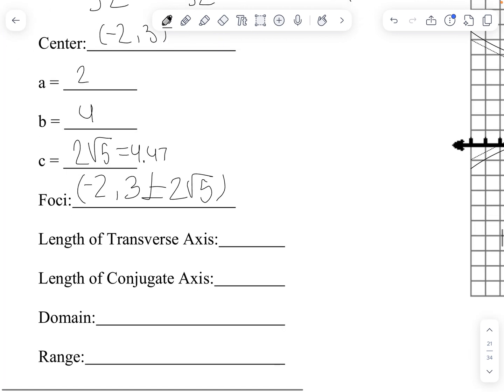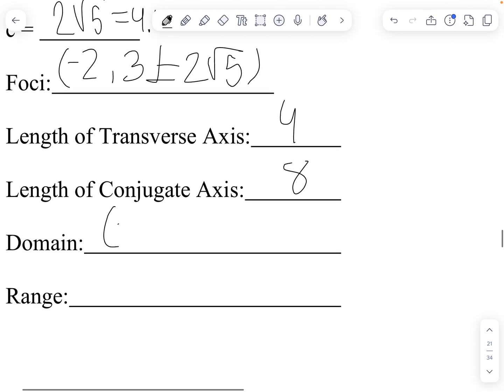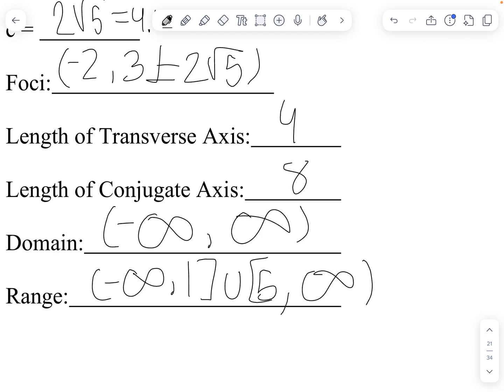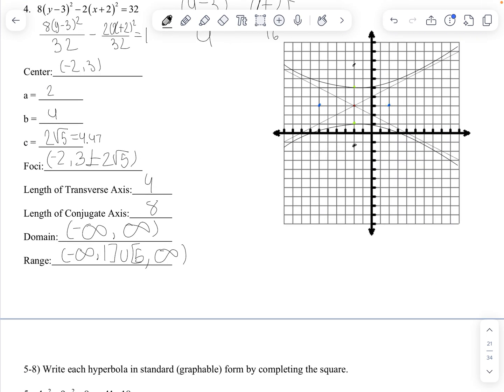And the axis lengths are just the values doubled respectively, so this is just 4 and 8. Since this is a vertical hyperbola, the domain is negative infinity to positive infinity. And the range is negative infinity to 1, bracket, union, 5 to infinity. And that is our last question. Thank you for watching.